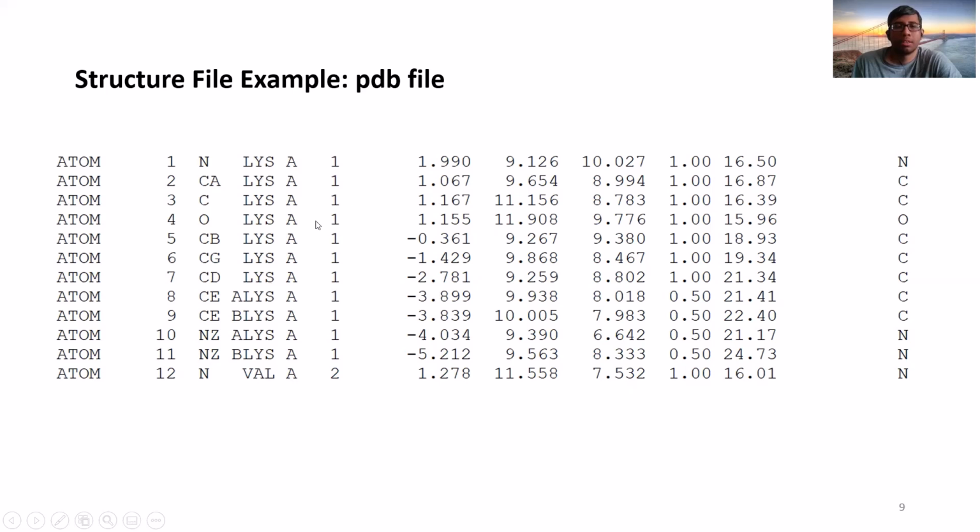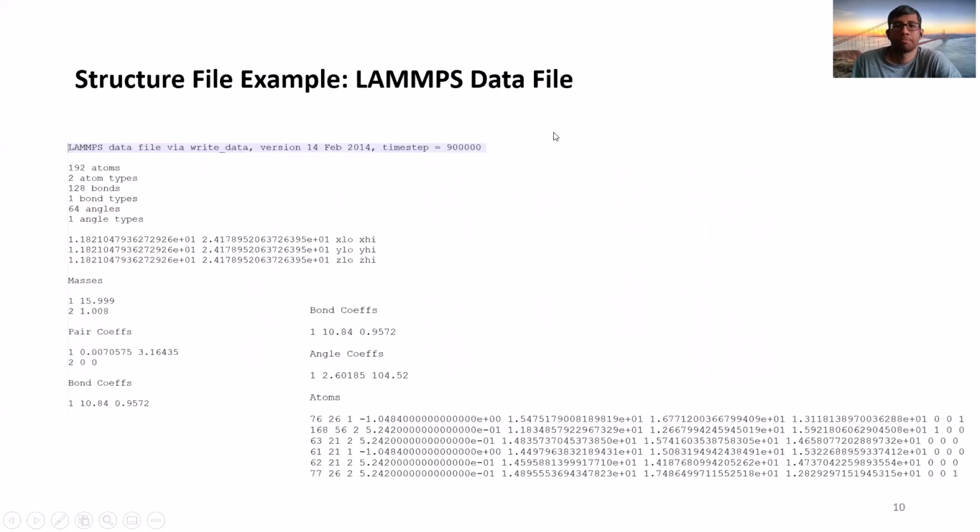You can see that the first one is actually the lysine residue, and here the valine is beginning. The actual PDB file is much longer, which cannot be accommodated in a single slide. And you can see there are coordinates as well, which atoms are there, as well as other additional information. So when you open a PDB file with a text editor, that's what you look at. You can get so much information about the structure that you are going to simulate.